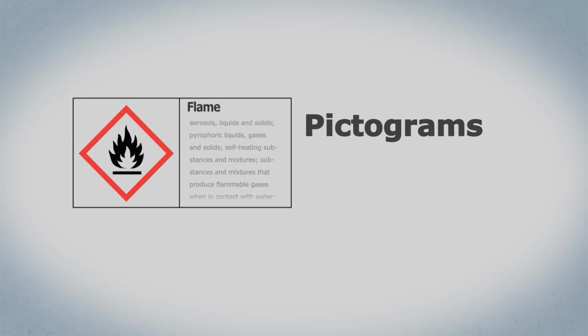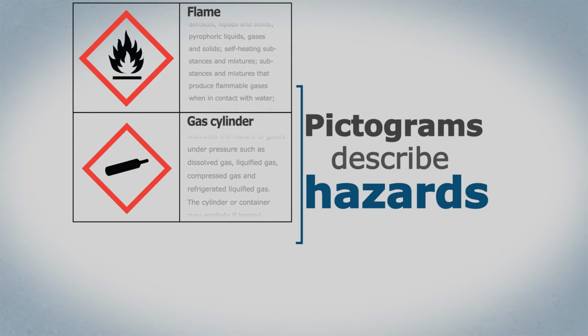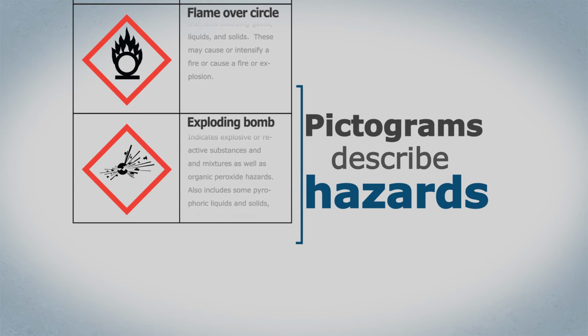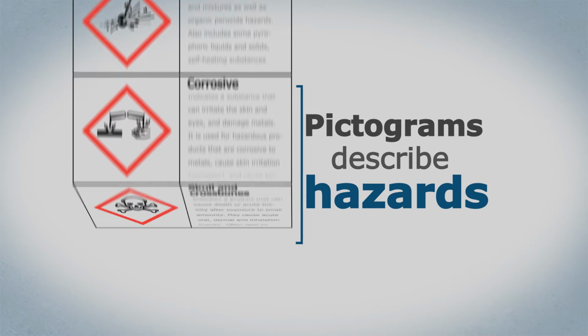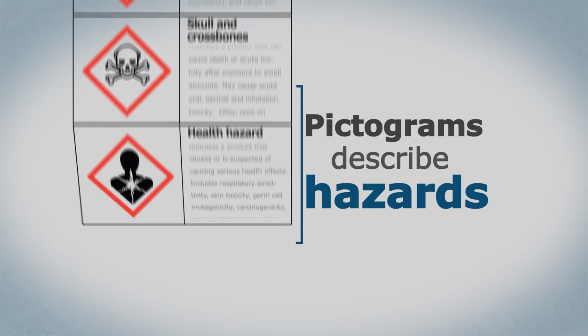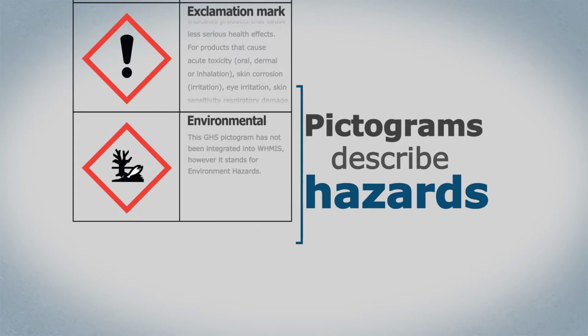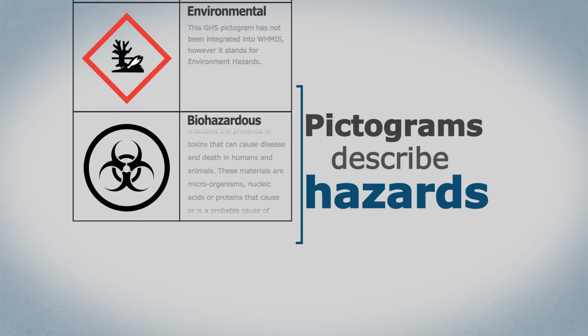Other pictograms describe different hazards, including compressed gases, oxidizing hazards, explosive or reactive substances, corrosive materials, acute toxins, serious health hazards, irritants, environmental hazards, and infectious materials.